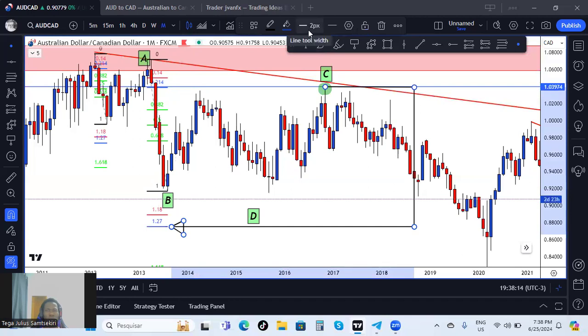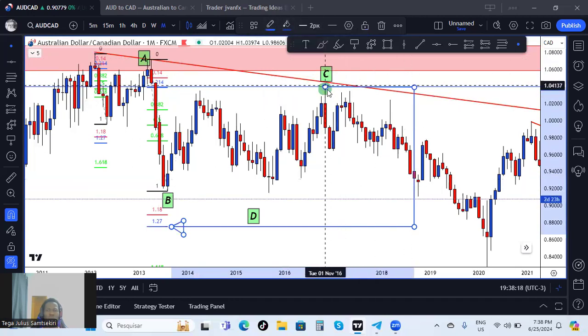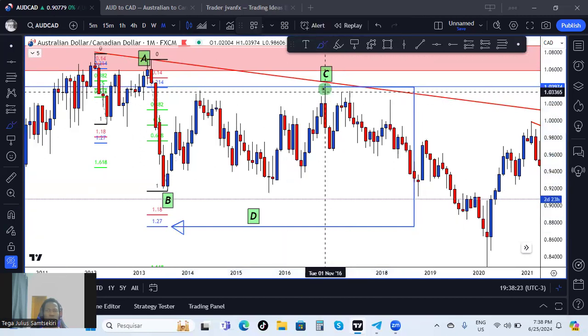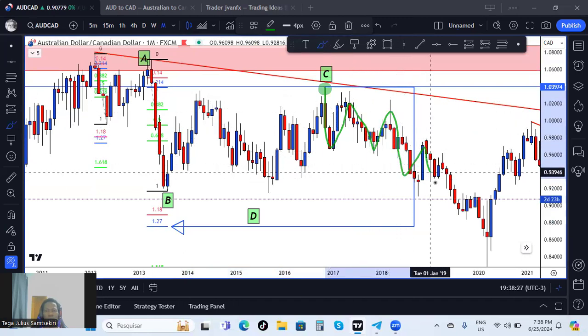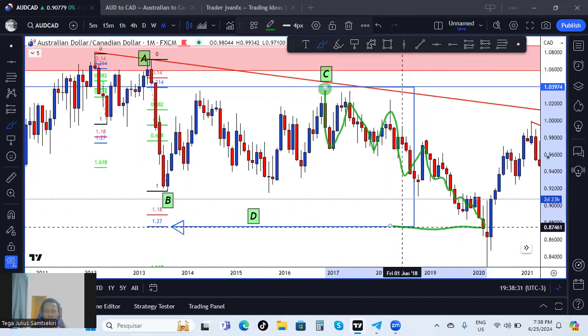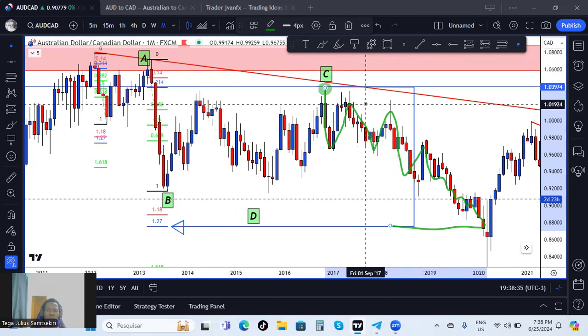As you guys can see right here, the market did what? The market fell from all this area, making lower lows, lower highs, lower lows, lower highs, lower lows, and finally, the market dropped down to this area like this. And this is how the Fibonacci works.